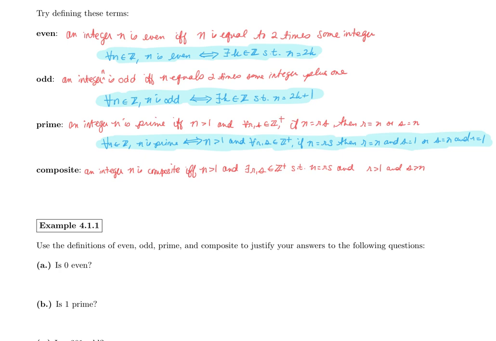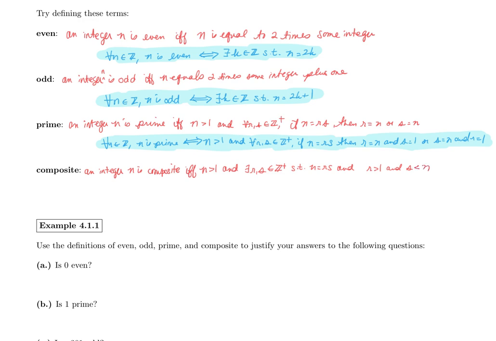So what that means is that one of our factors here is bigger than 1 and the other one is less than n. Oh, I think I wrote, let me erase that. I wrote greater. I meant to write less.